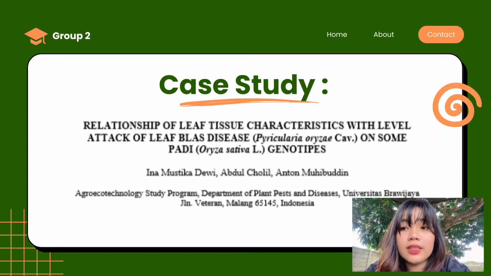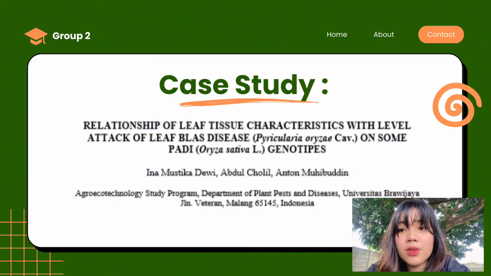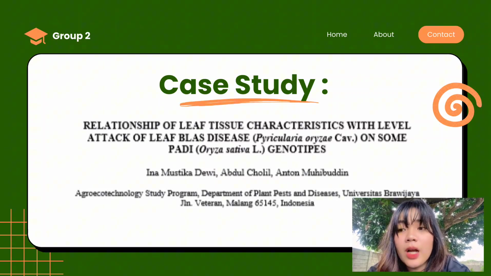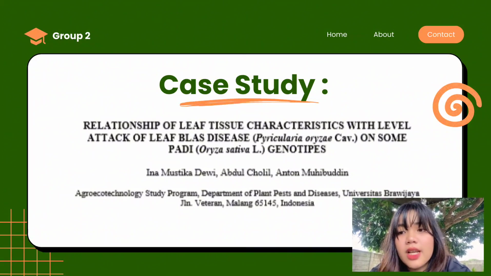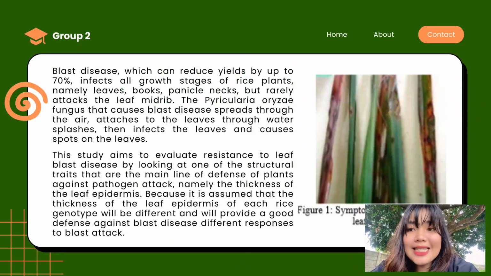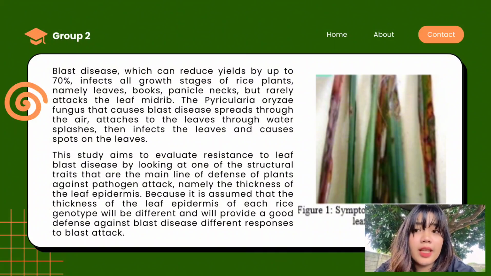This study came from Ina Mustika et al., in the Department of Agrotechnology Study Program, the Department of Plant Pests and Diseases in Universitas of Indonesia. The blast disease can reduce crop yields by up to 70%.